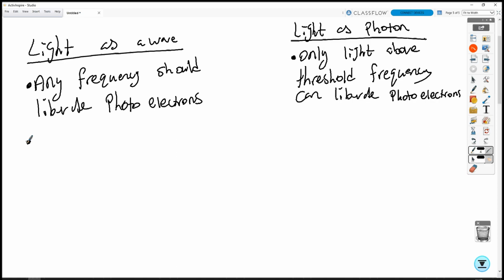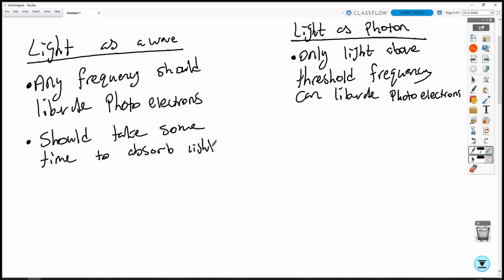For wave, we should expect to see a time delay before the photoelectrons are liberated. So it should take some time to absorb light and liberate photoelectrons.